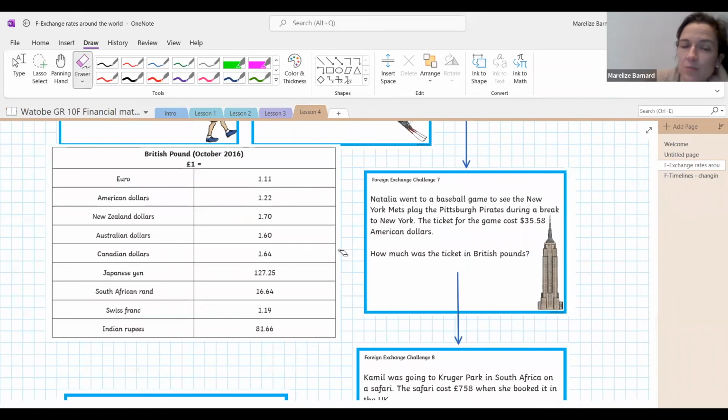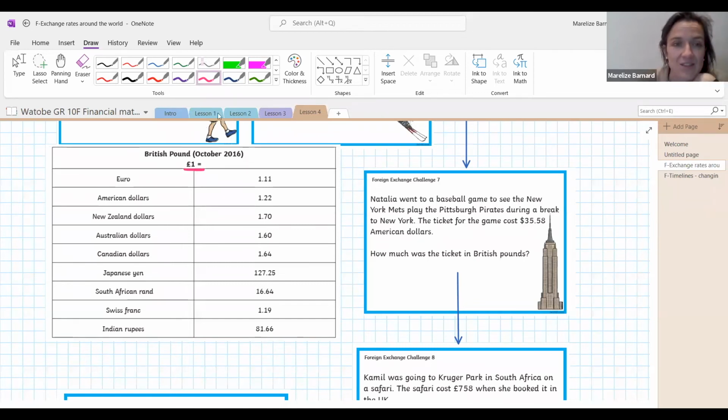Okay, so how this works is it says here that we've got £1 and then all of these different currencies, because in these questions we're going to be visiting different countries. So we're going to be traveling with our pounds and we're going to convert between these different currencies depending on what country we land in.